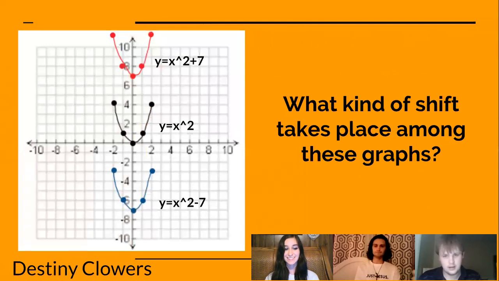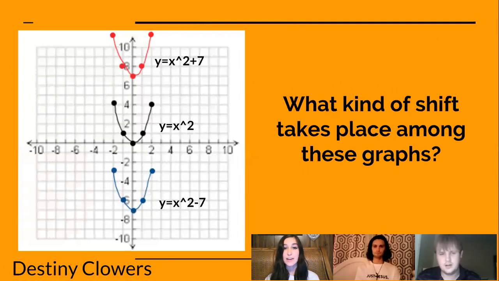Now, Destiny, what kind of shift takes place among these graphs? Well, as you can see, the graph of y equals x squared plus 7 is the graph of y equals x squared, but shifted up 7 units. In the same way, the graph of y equals x squared minus 7 is the same graph as y equals x squared, shifted down 7 units.